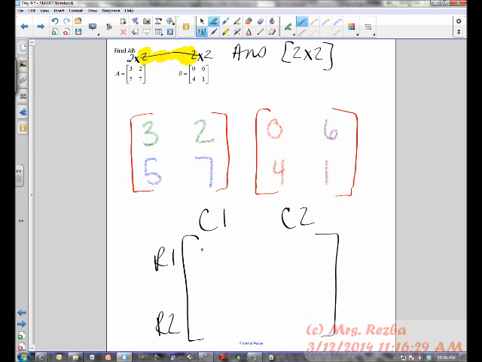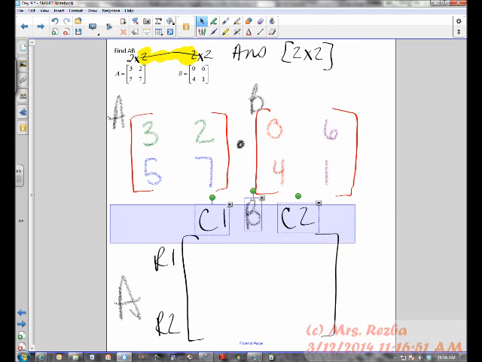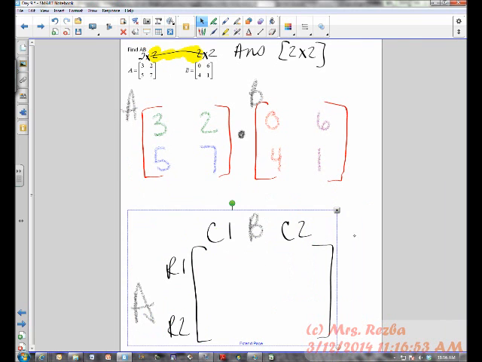Okay. Here I'm in the row 1, column 1 spot. If I look in matrix A, which is right here, here's matrix B, so the two are multiplying together. Matrix A is going to be used for my rows, and matrix B is going to be used for my columns. When I'm getting my answer, matrix A is for the rows, matrix B is for the columns. Let's look at why that is.